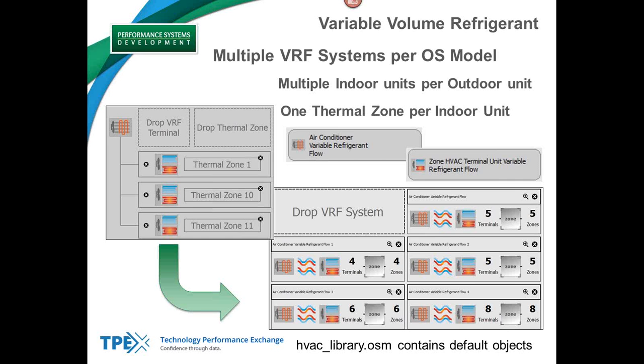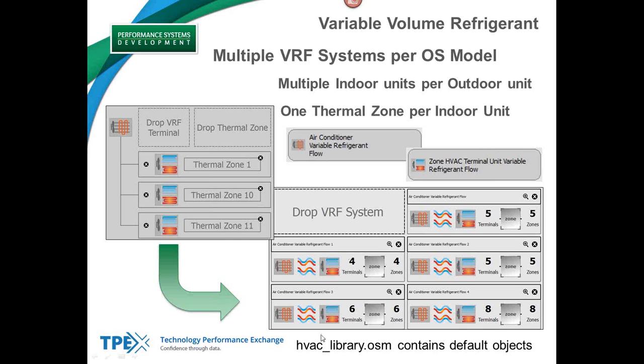It is planned that TPEX would feed in VRF performance data. That's in the short-term roadmap, that we should see sets of VRF performance curves coming through the Technology Performance Exchange database and ported over into the building component library and thus into our OpenStudio models. So that's a very exciting feature that's coming, not available today, but coming.